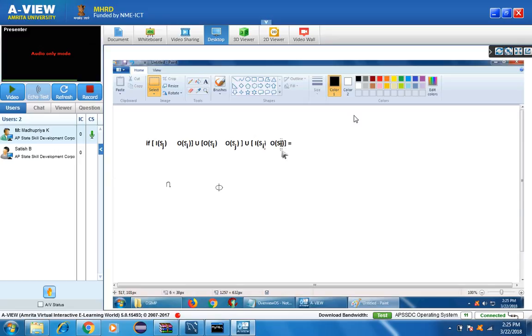And this J also represents subscript to I. These are our set of statements.